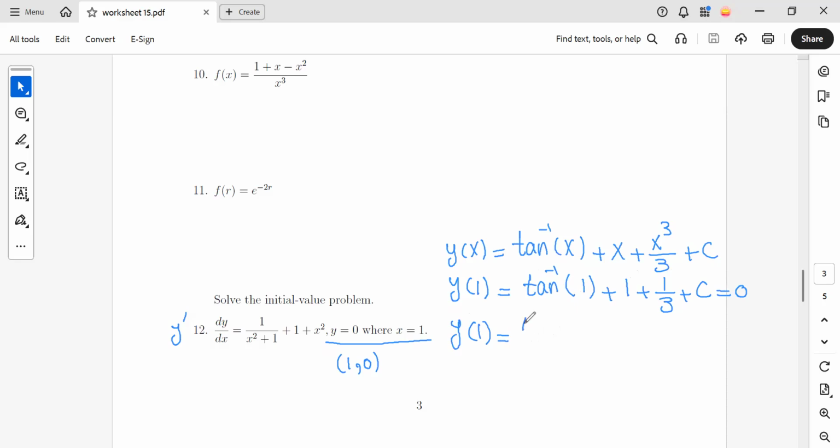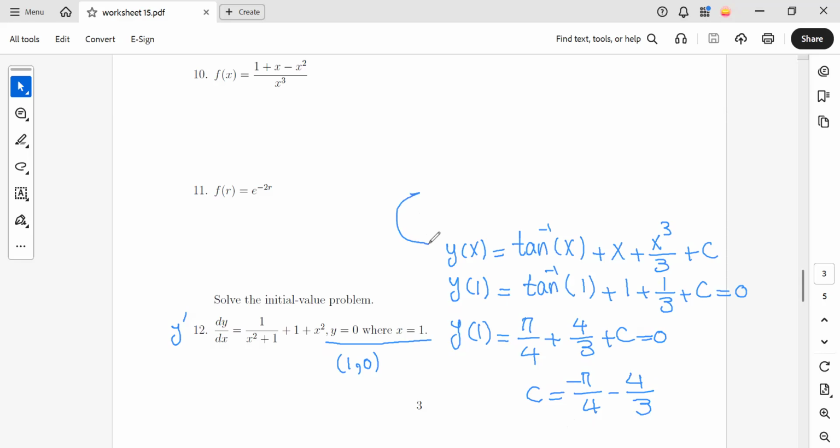It is pi over 4, the only argument where sine and cosine are the same, so by dividing them we would have tan, which is 1. Plus 1 and 1 over 3 will be 4 over 3, plus c equals 0. So c will be negative pi over 4 minus 4 over 3.